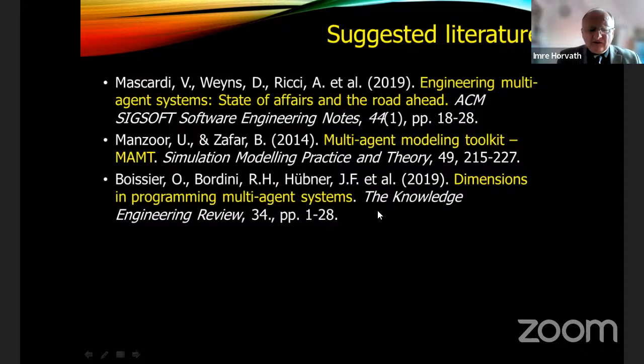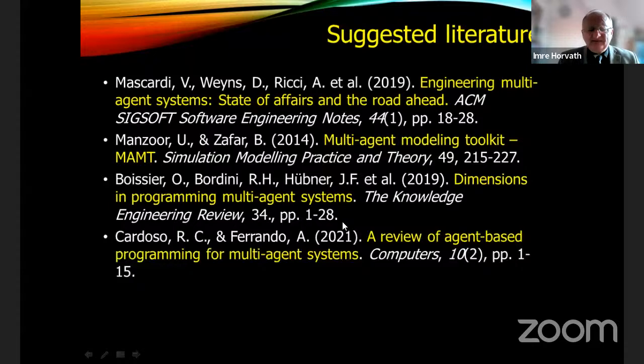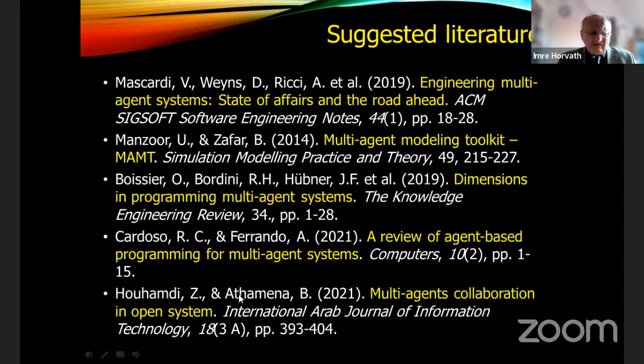Then the third paper, Dimensions in Programming of Multi-Agent Systems, closely related to what we have discussed. The Cardozo-Ferrando paper is a review of agent-based programming for multi-agent systems. This is also about the BDI, so I recommend you to read this paper. And the last one I suggest is multi-agent collaboration in open systems.